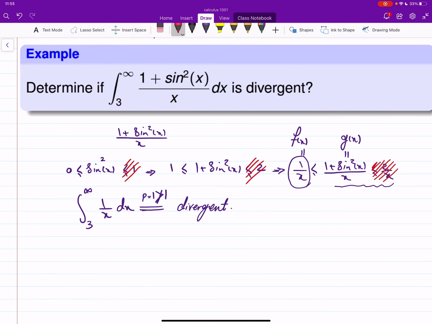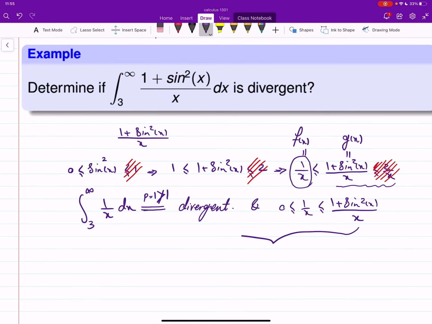Okay, so this way now I found that the smaller one is divergent, and it's already shown that 1 over x on the interval of the integration is less than our function.